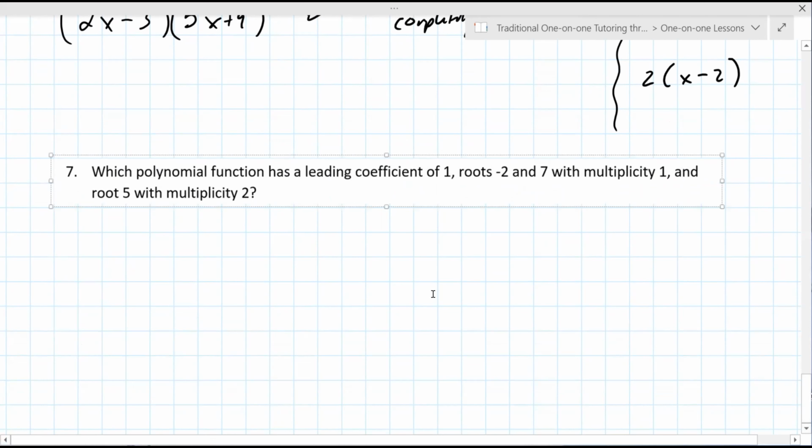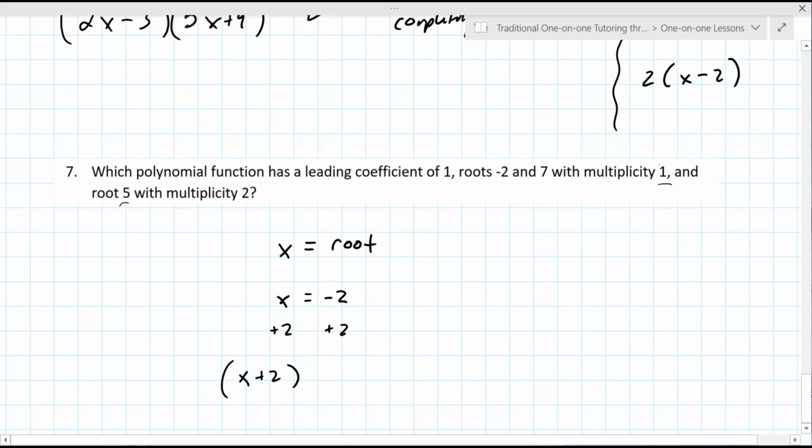Okay, which polynomial function has a leading coefficient of 1, roots minus 2 and 7 with multiplicity of 1, and root 5 with multiplicity of 2? So I mentioned before, you write x equals the root. For example, x equals minus 2, but then you have to add 2 to both sides. This becomes x plus 2. Multiplicity of 1 means you put a 1 right here.